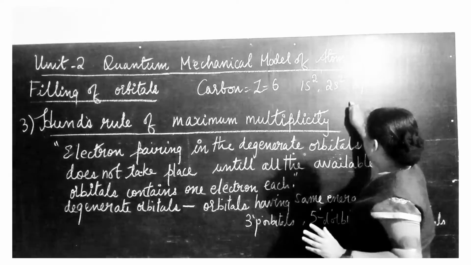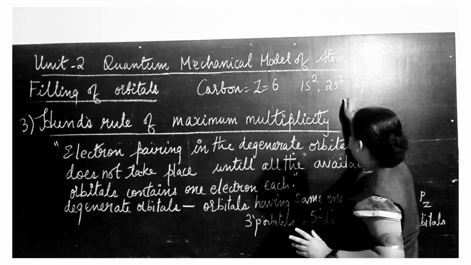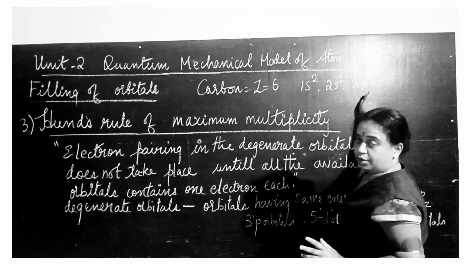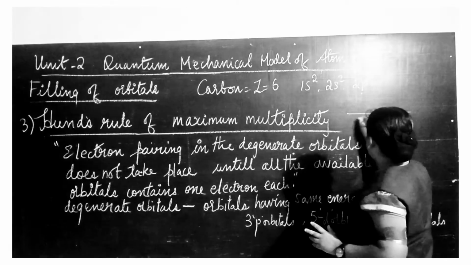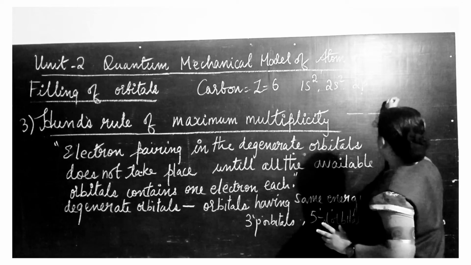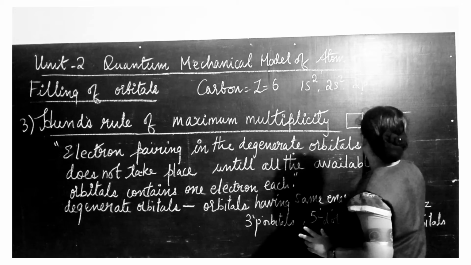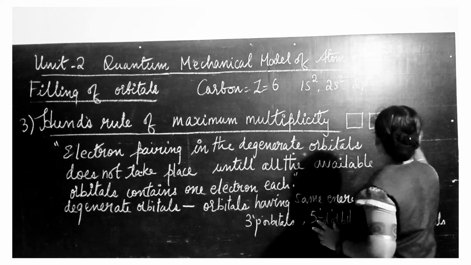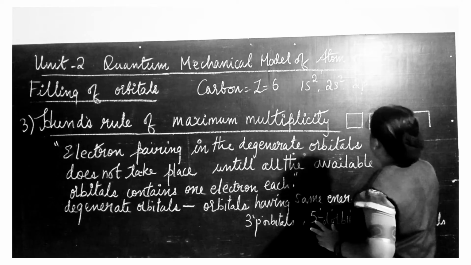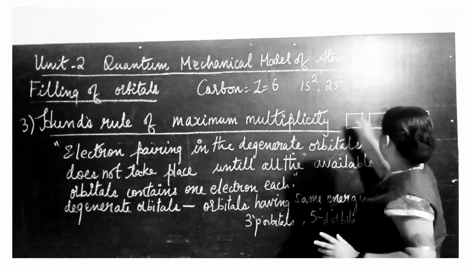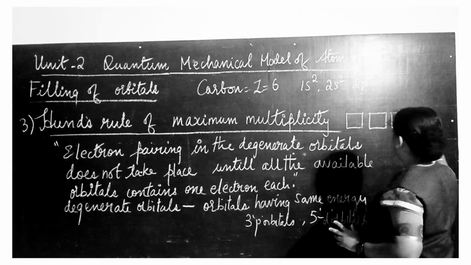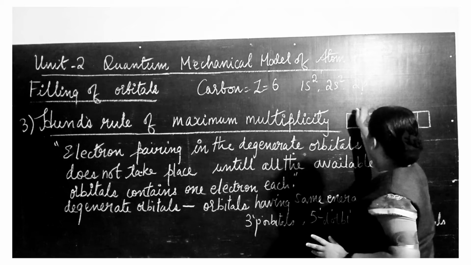Okay. Now, whereas in the case of Hund's rule, these electrons are explained by a block diagram here. So these energy levels, I am drawing in the form of a block diagram. Okay. So this is 1s.